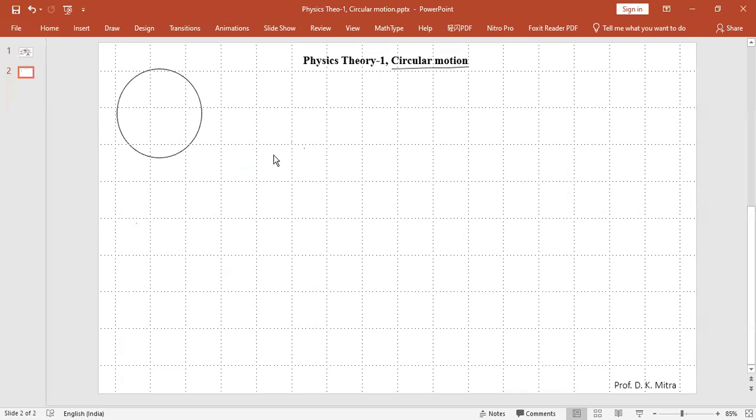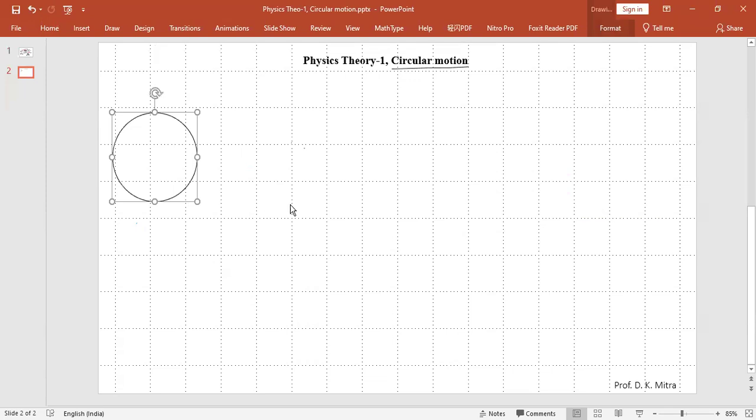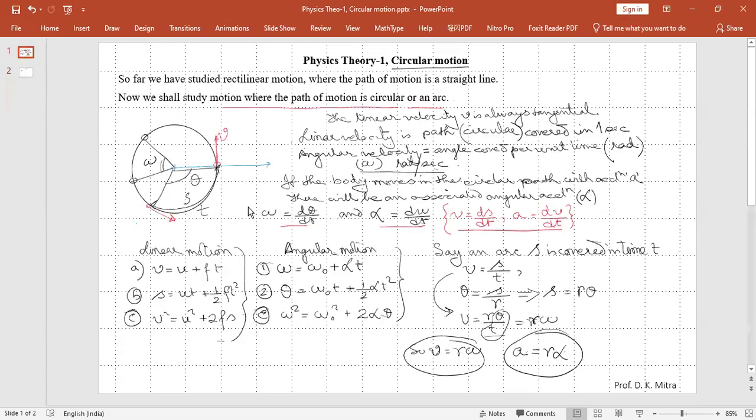Now, there is one very important issue. What is that issue? If you see the earlier blackboard, you'll find that the velocity was like this here, and it was like this here. The magnitude of this was v, and the magnitude of this was also v.